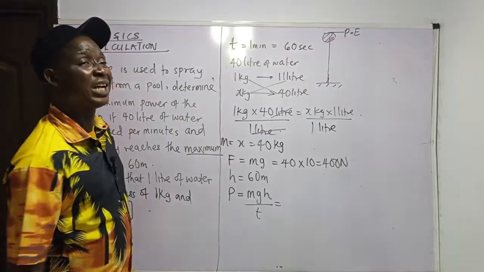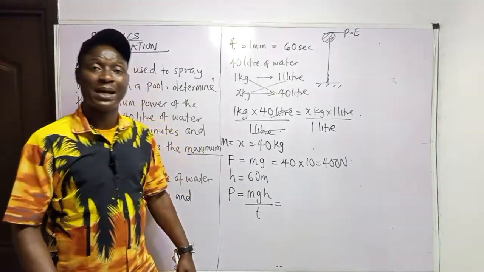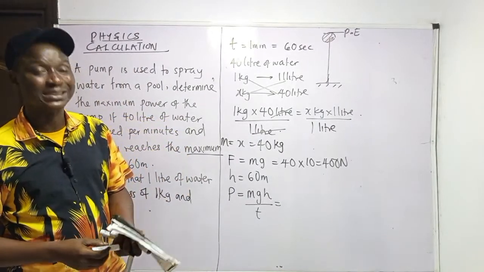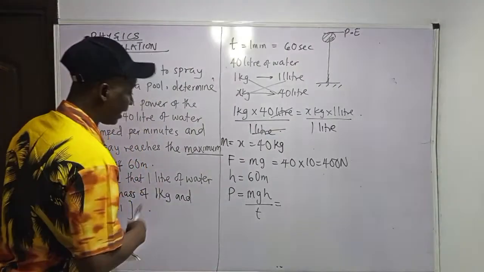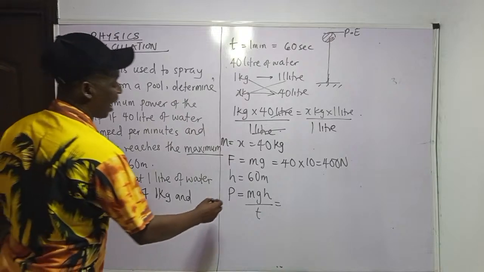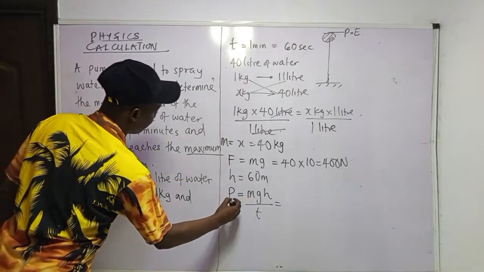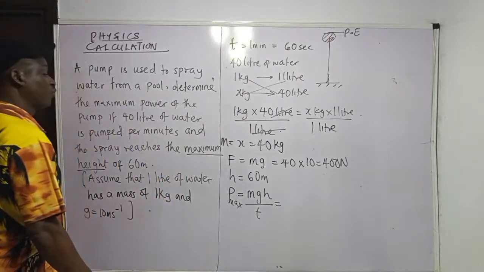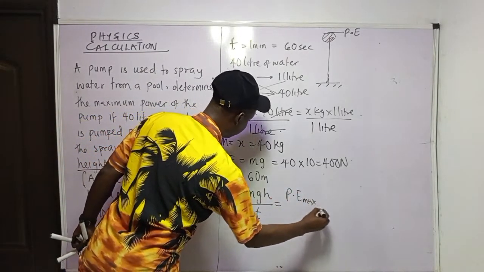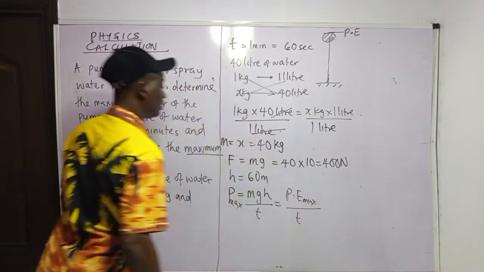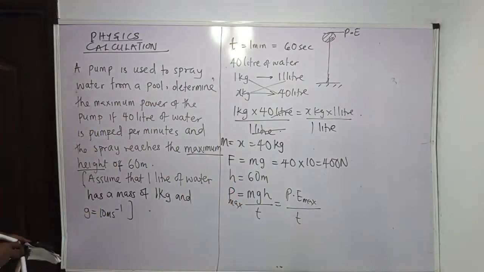Don't forget, the potential energy is the energy possessed by a body when it is in position. So our maximum power is equal to maximum potential energy divided by time.